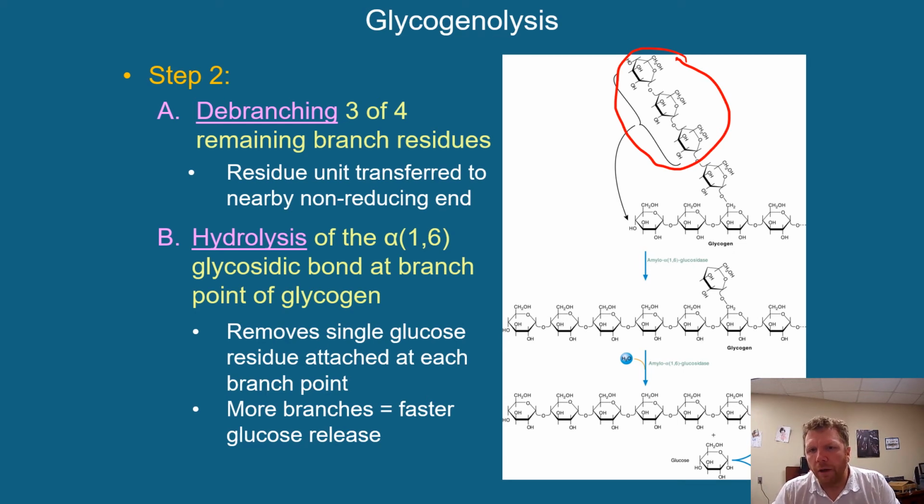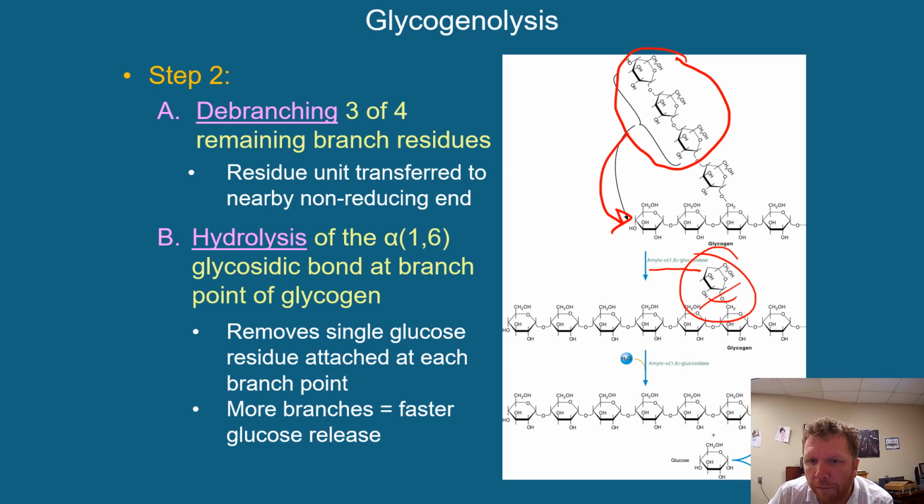And so that's when another unique enzyme can come in and hydrolyze that alpha 1,6 linkage. So we've got amylo-alpha-1,6-glucosidase, which takes the 3 residue branch and moves it to the end of a chain. Then we've got amylo-alpha-1,6-glucosidase. Sorry, it's not a unique enzyme, it's the same enzyme, but with a different function. And it's going to hydrolyze that 1,6 linkage.